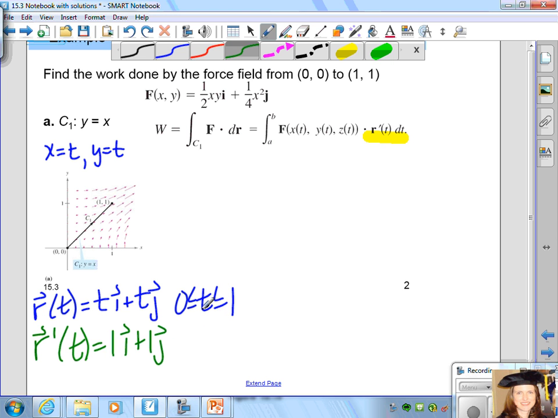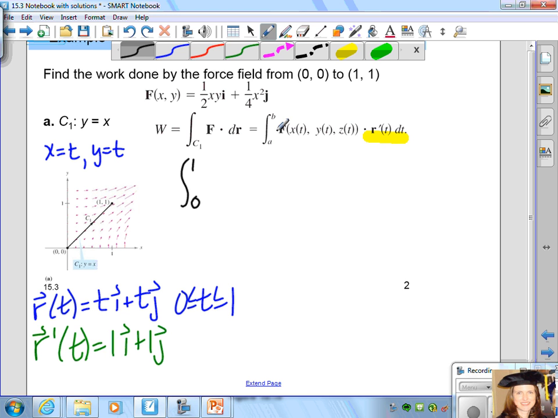Again, the same time interval here. Now we can begin to write our definite integral for work. It's going to be an integral from a to b. The a to b is found by this parametrization, the time from the start to the end. So that's going to be from 0 to 1.